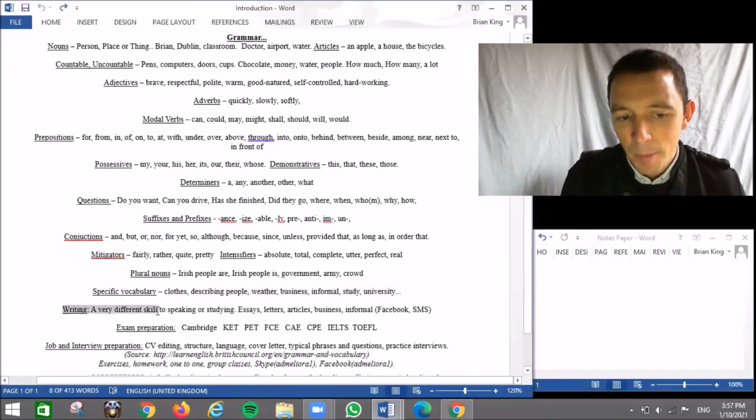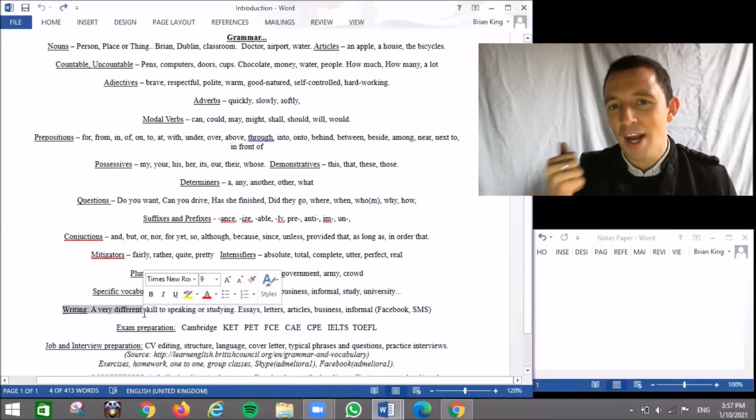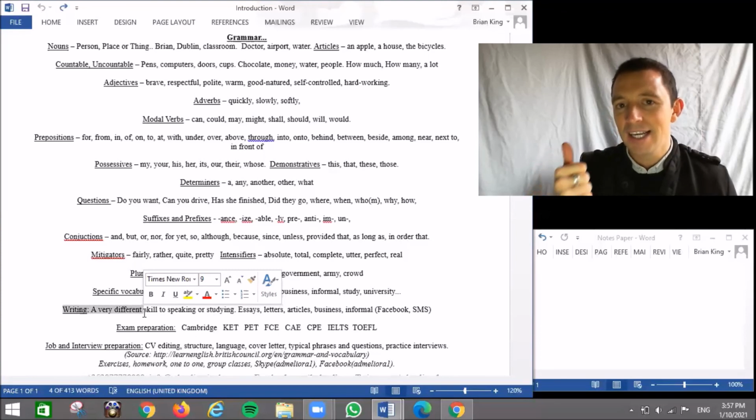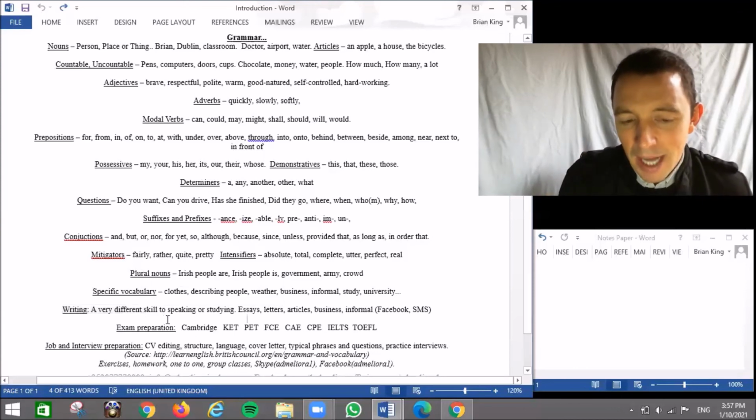And finally, writing, okay? So writing is a very different skill. Puedes estudiar y estudiar, pero al fin necesitas hablar y necesitas escribir, okay? So quizás necesitas escribir para un examen o en tu trabajo, pero es muy importante para mejorar escribiendo. Y yo puedo en el futuro dar una clase o un video sobre escribir, ¿vale? Y exams también lo mismo.